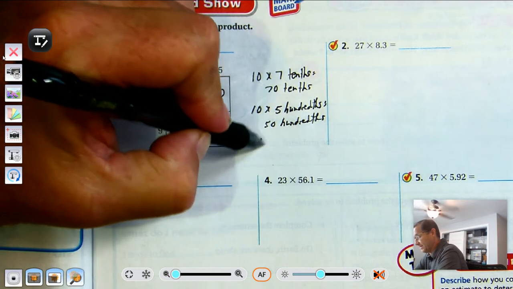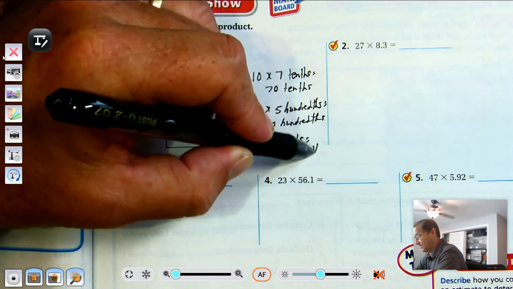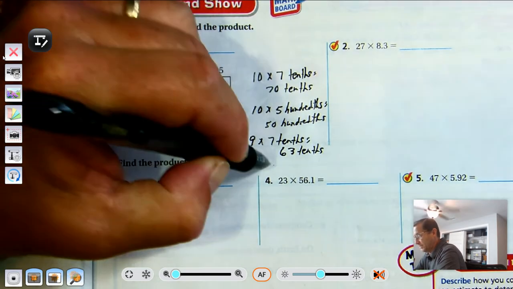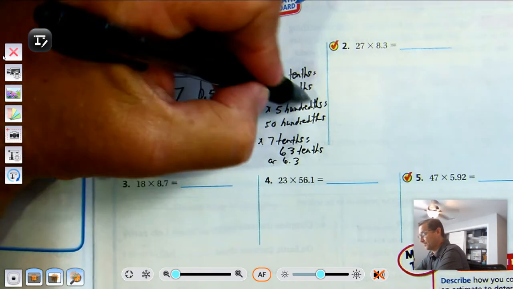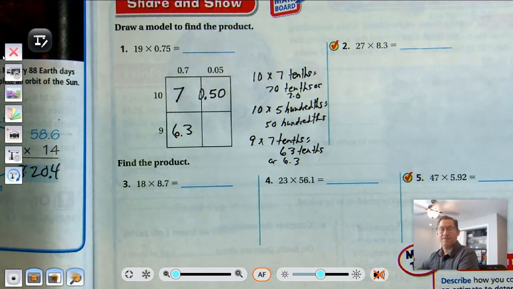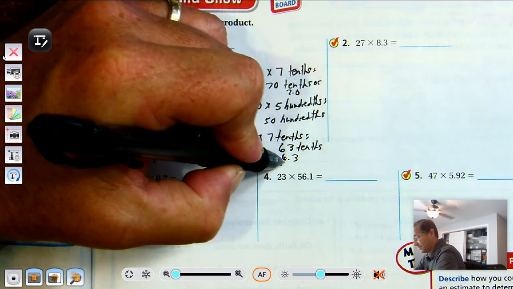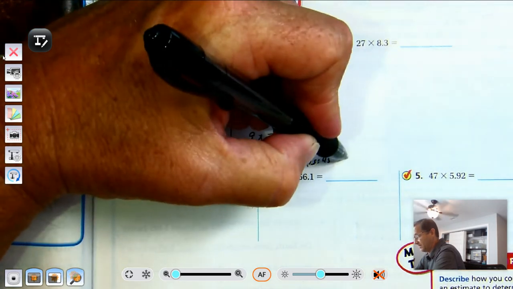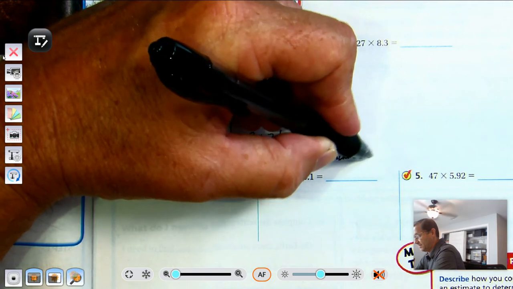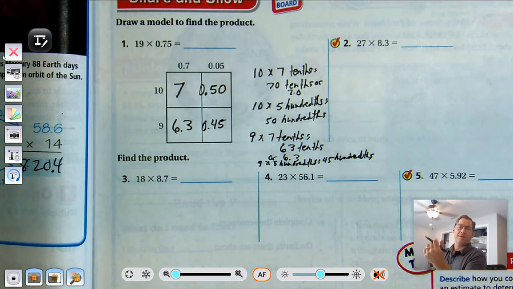Okay, 9 times 7 tenths is 63 tenths, or 6.3. Okay. And 9 times 5 hundredths is 45 hundredths. Okay. And then we're just going to add up our partial products.